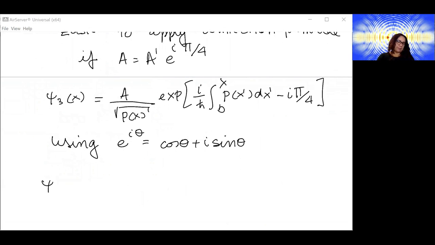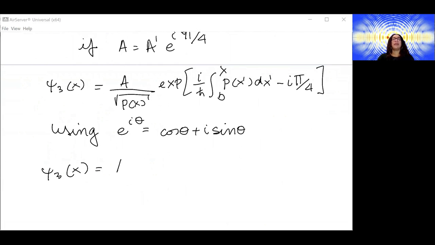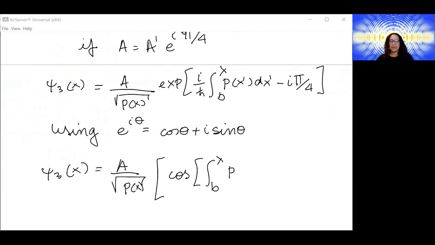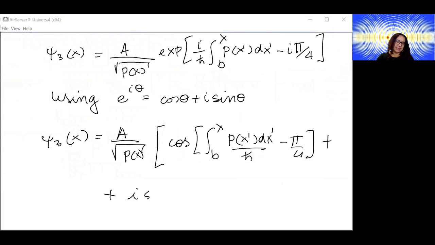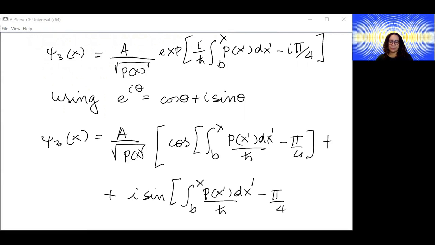We find that psi 3 x is a square root of px cos of the integral from b to x of p x dash dx dash divided by h bar minus pi over 4, plus i sine theta, where theta is the integral from b to x of p x dash dx dash divided by h bar minus pi over 4.